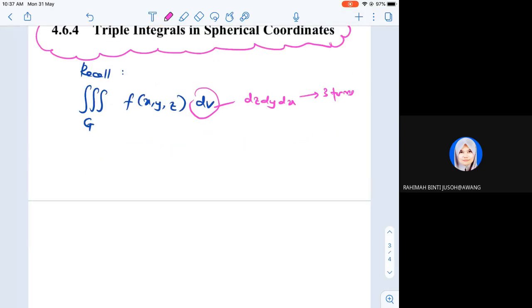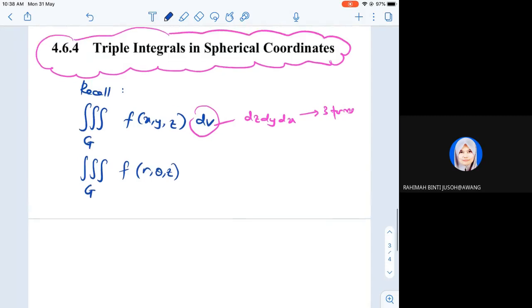Okay, and then we also have cylindrical coordinates. Region G, we have f of r, theta, and z. This one is rectangular coordinates, this one is for cylindrical.